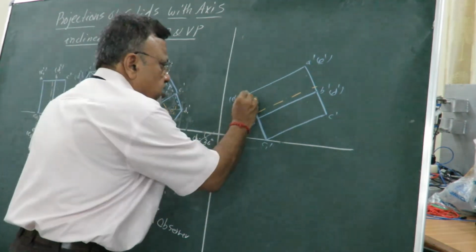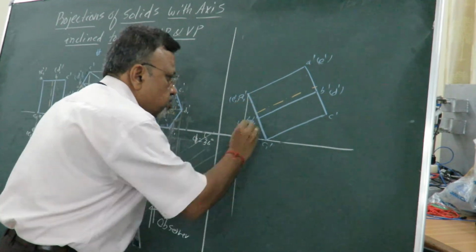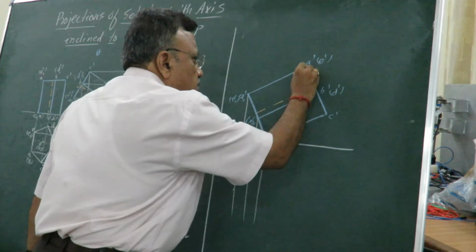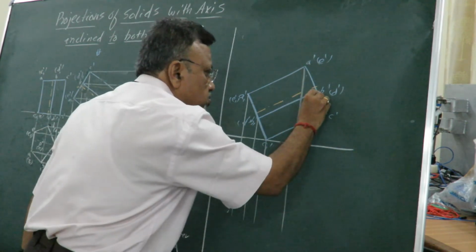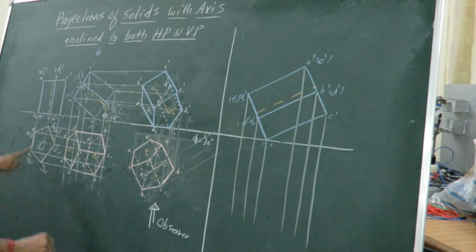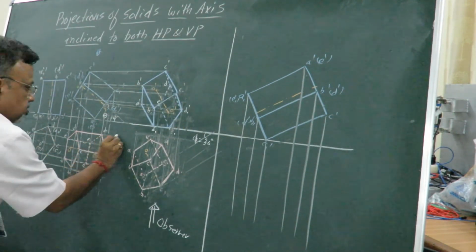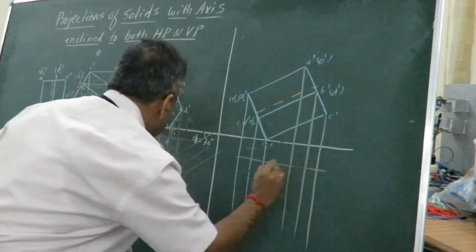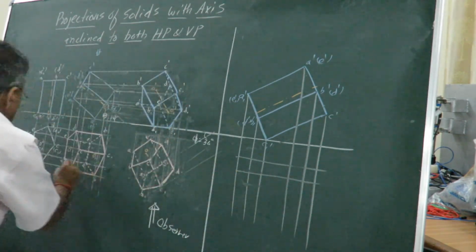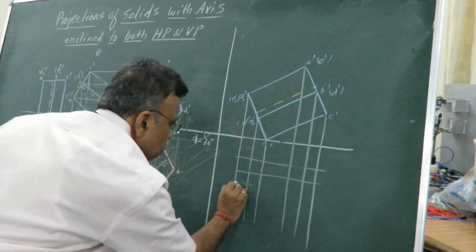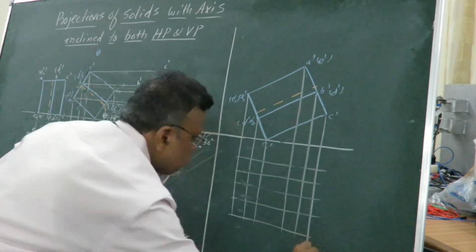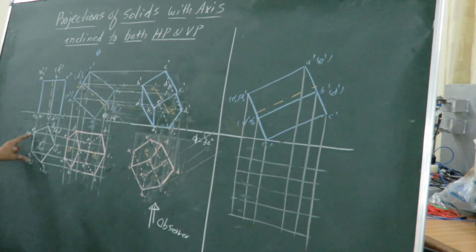So if I draw the projectors, now I want to get these projectors. Is it okay? I just got the projectors from this figure.